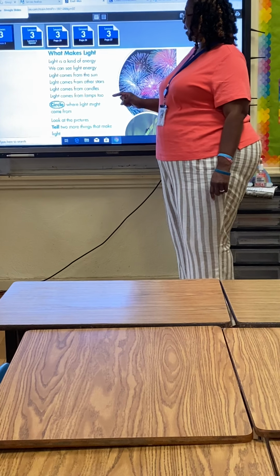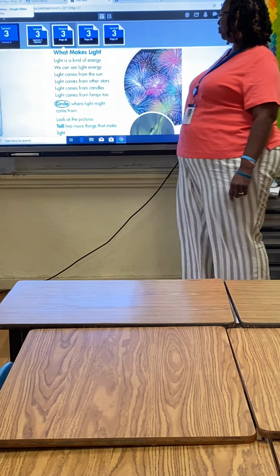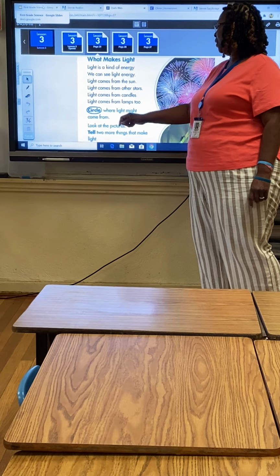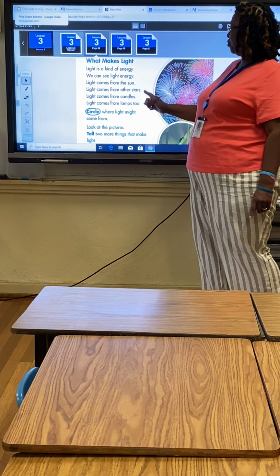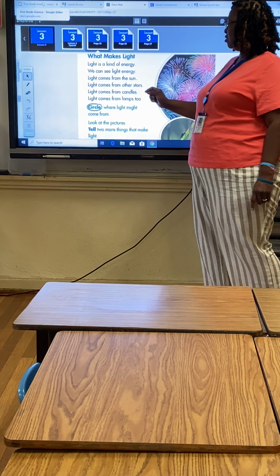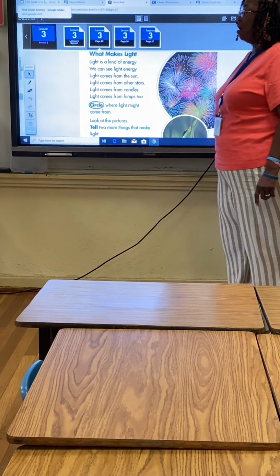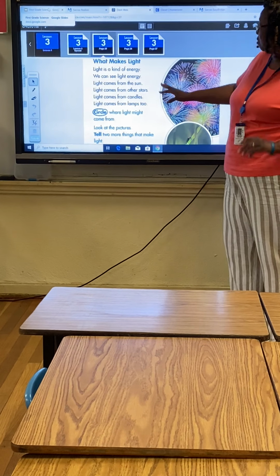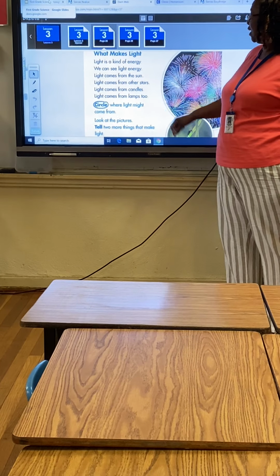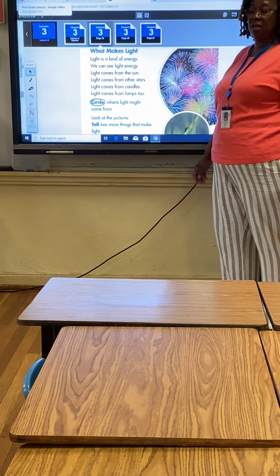Now, I want you to circle where light might come from. We listed 4 nouns: sun, stars, candles, and lamp. All 4 of those nouns tell us where light comes from.